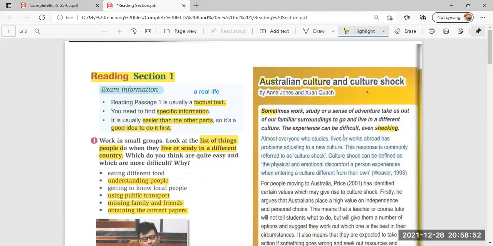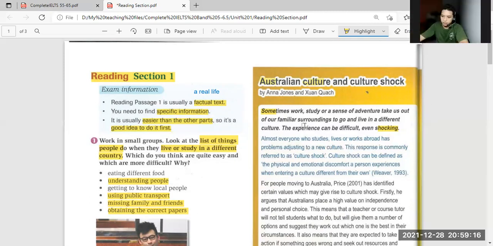Sometimes work, study, or sense of adventure takes us out of our familiar surroundings to go and live in a different culture. The adventure can be difficult, even shocking.